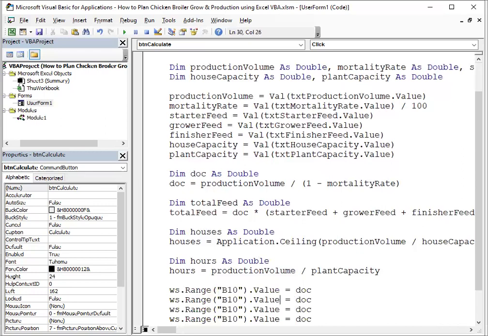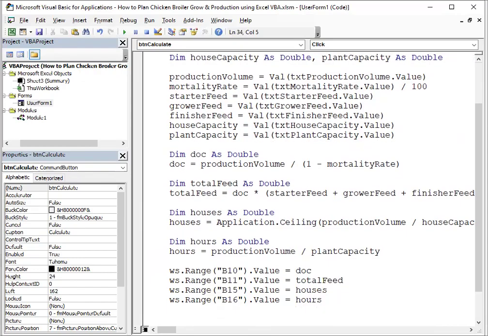So it would be B10, B11, B15, and B16, equal to total feed. The other one would be the houses, how many houses we need, and the other would be the hours needed to process.